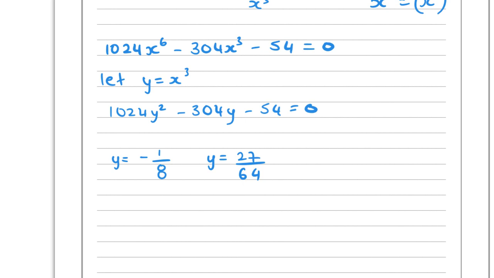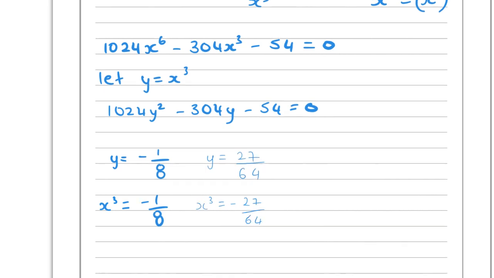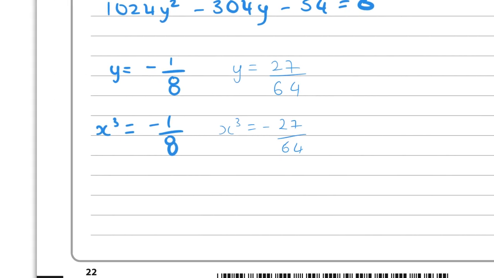Okay, these are my two answers for y. But what does y equal? x cubed. So x cubed equals minus 1 over 8 and x cubed equals 27 over 64. So I need to cube root both of these.